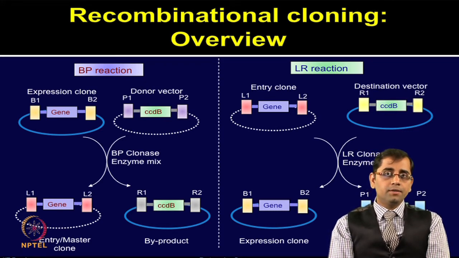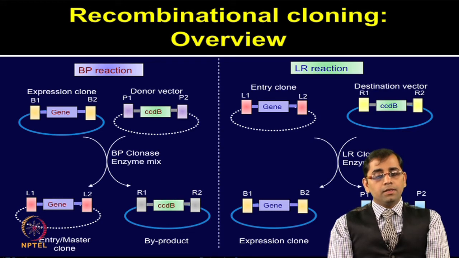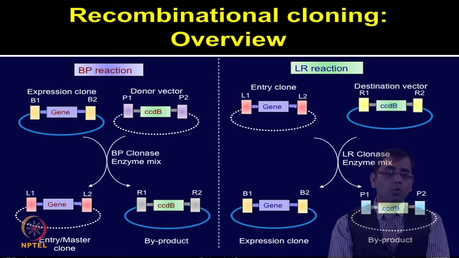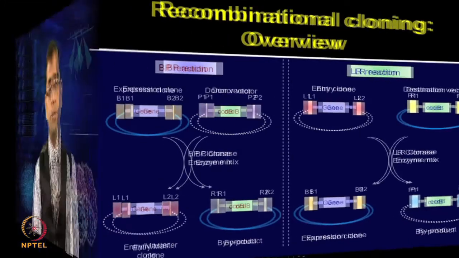BP reaction, which is catalyzed by BP clonase enzyme, facilitates recombination of at B site and at P substrate. The at B obtained from PCR product or at B containing expression clones, with the at P substrate, which requires the donor vector, can create at L containing master clones.